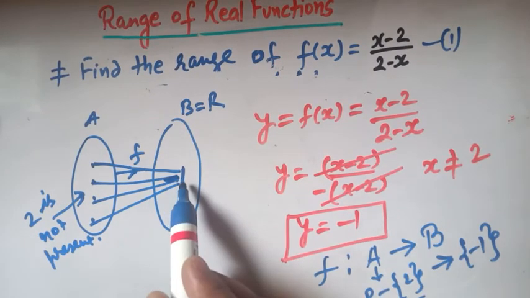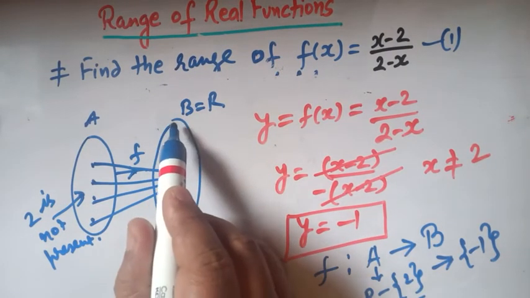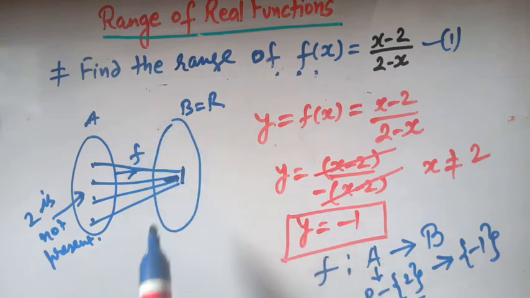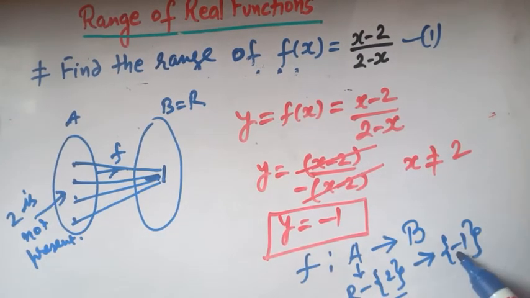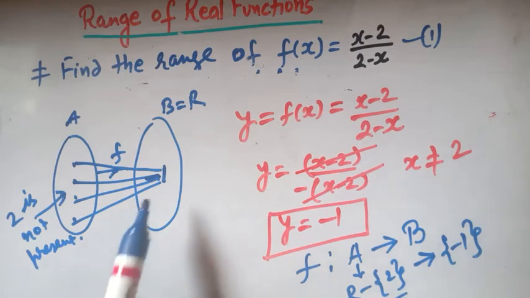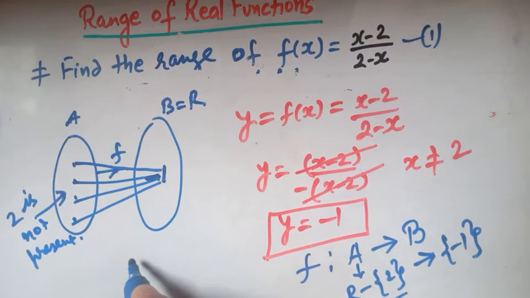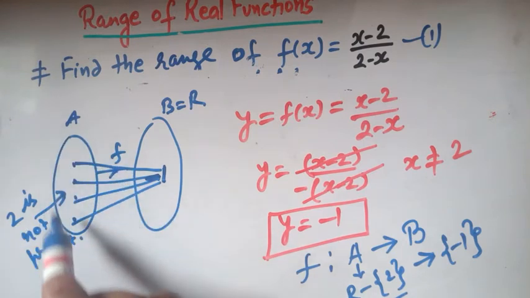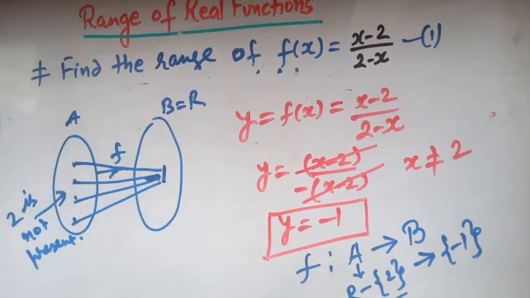And here in this set B, suppose I take this set as codomain set, then it will contain all real numbers, but our range will consist of only one element, that is minus 1, clear. And all these elements in set A, which is the domain set, have the image as minus 1 only, clear.